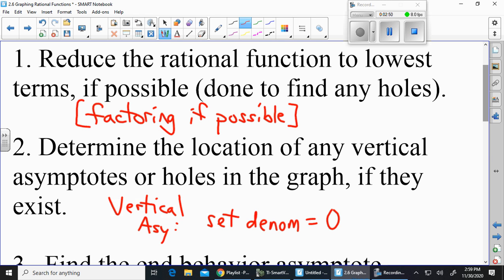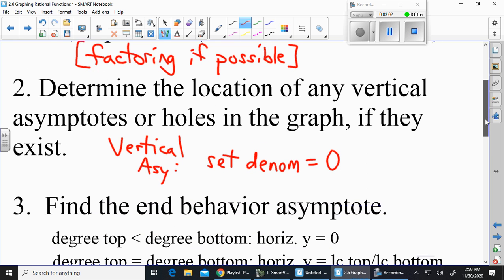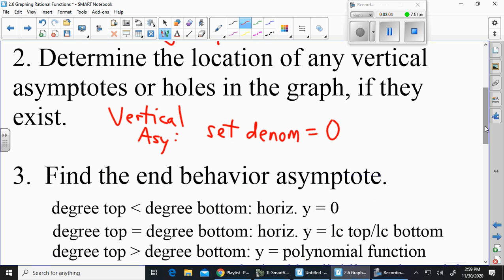Those are your vertical asymptotes unless you have a common factor. Then that number would be a hole as opposed to an asymptote. So you want to think, how do I find vertical asymptotes? Set the denominator equal to 0.